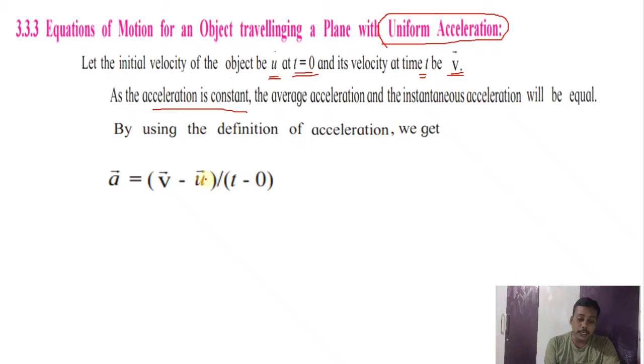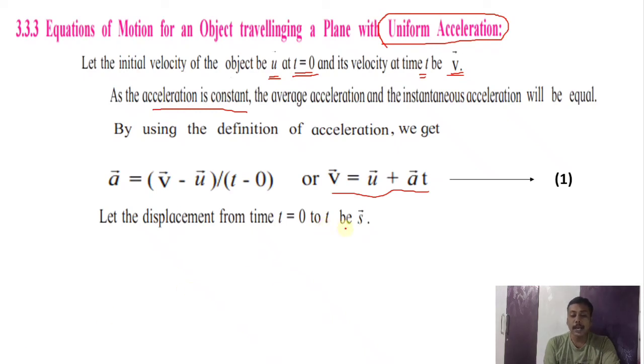Initially the time is 0, and after time t, the change in time is t minus 0. So we get v bar is equal to u bar plus a bar t. This is the first equation of motion when the object is traveling in a plane, that is, v bar is equal to u bar plus a bar t.